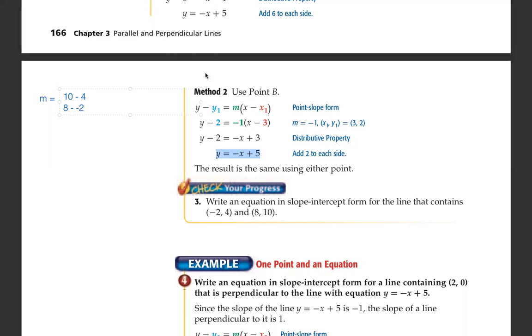So next, it is equal to 6 over 8 plus 2, which is equal to 6 over 10.